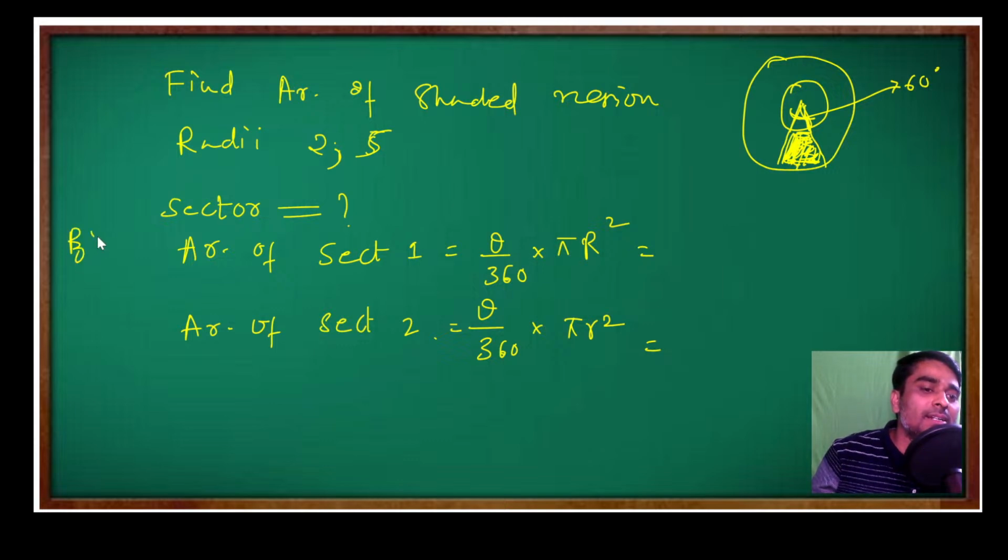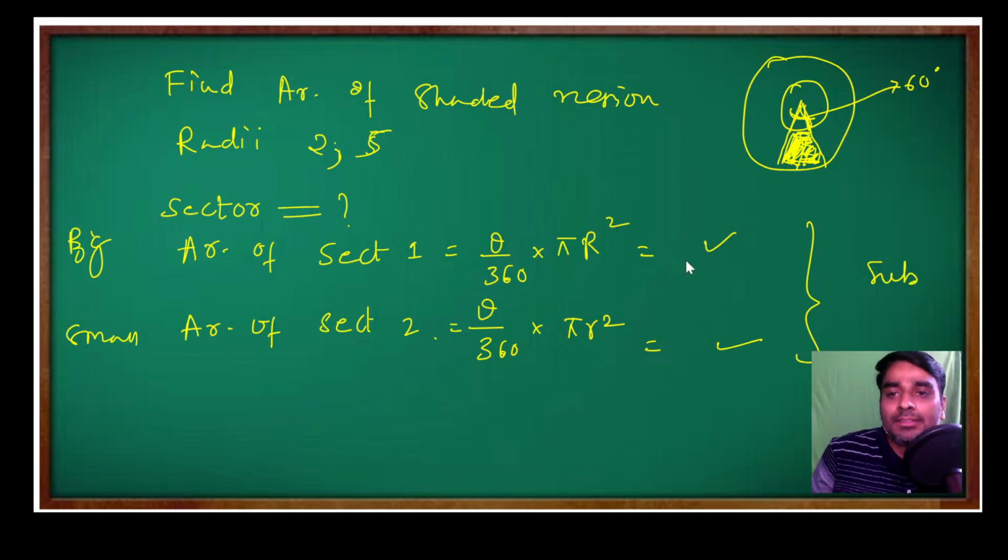First one is big and this one is small. We just need to subtract this, that's all. Tell me the answer. How much you will get?